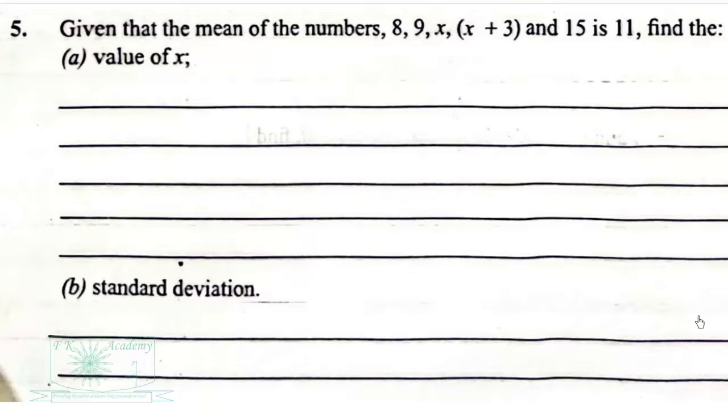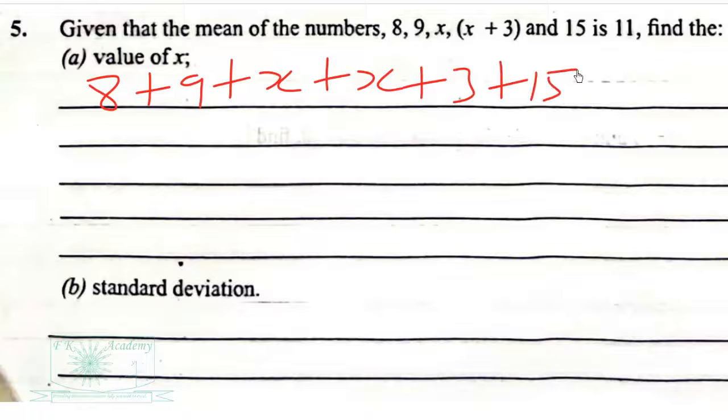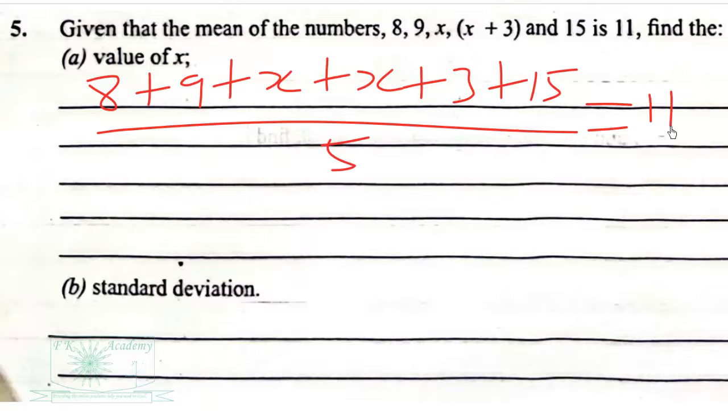We are looking for the mean of the numbers. We're given that the mean of the numbers is 11. So we're looking for the value of x. So 8 plus 9 plus x plus 3 plus 15 over 5 is equal to 11.